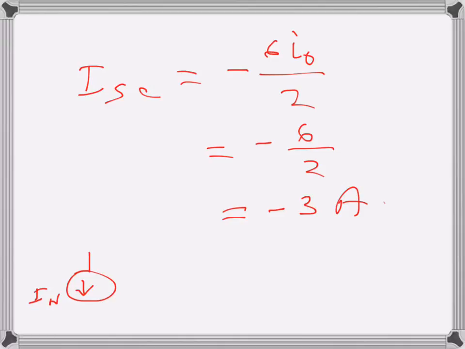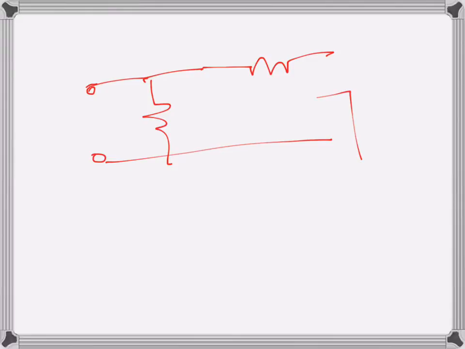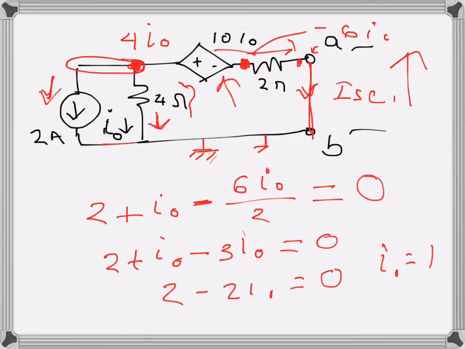Now I need to find the value of the resistance of the Norton circuit. In order to do that, I will make the sources inactive. So the current source will be open and the resistance stays there. The dependent source will be shorted out. So I need to find the resistance that is seen from here. So this one here is 2 ohms and this is 4 ohms.